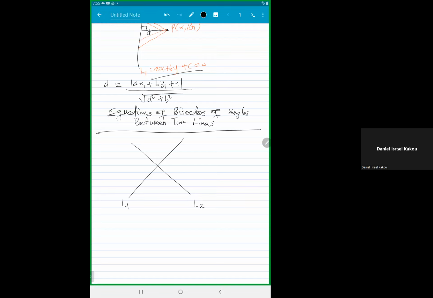There is a property about the equations of the bisectors of these two lines that says that if I have an angle here called beta, and I want to bisect it with, say, this line, and let me call that B1. I'm calling this line B1, the first line bisecting beta.